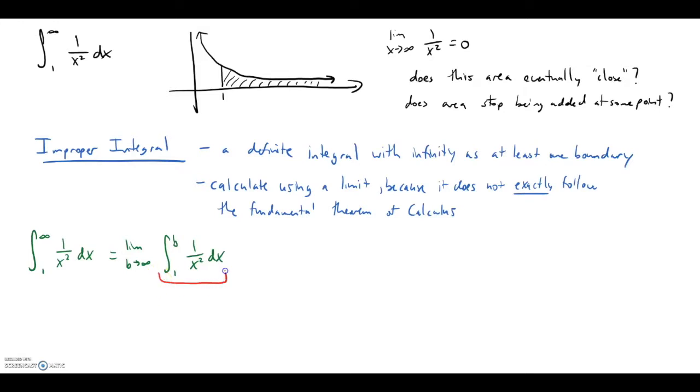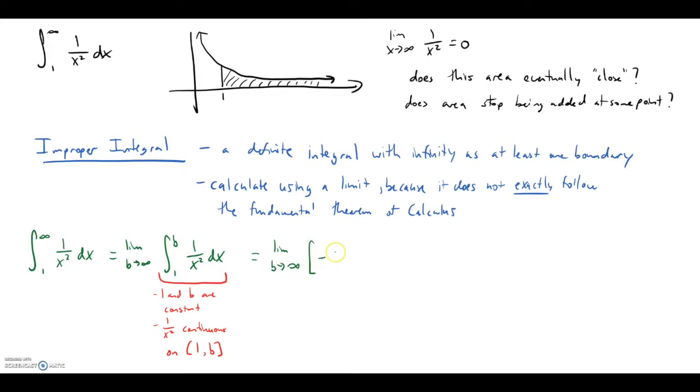And now looking at our definite integral, we've solved one issue. Both boundaries, 1 and b, are constants. We already know that 1 over x squared is continuous from 1 to any larger value b. So this definite integral will follow the fundamental theorem of calculus, which means we can evaluate it.